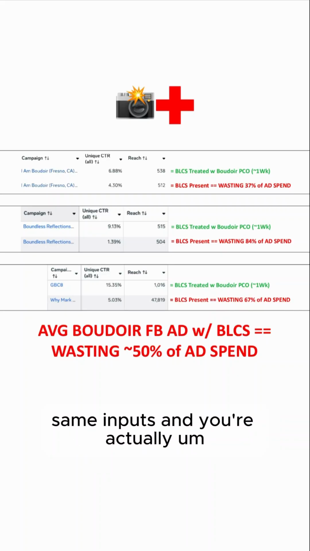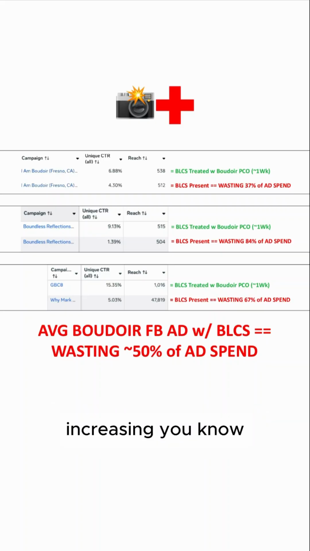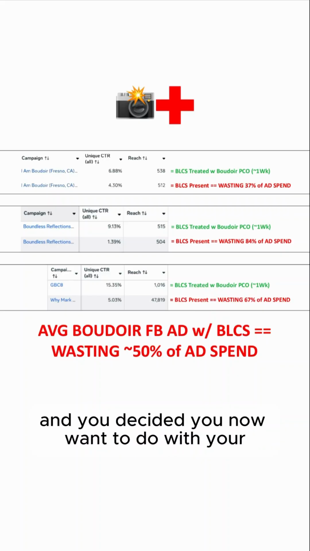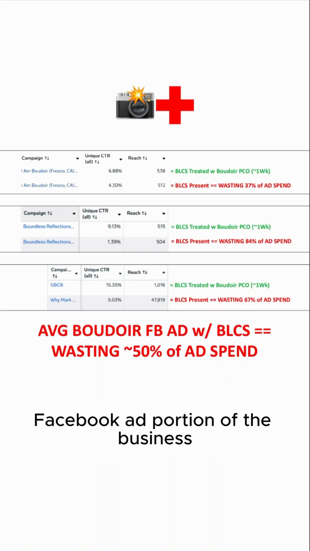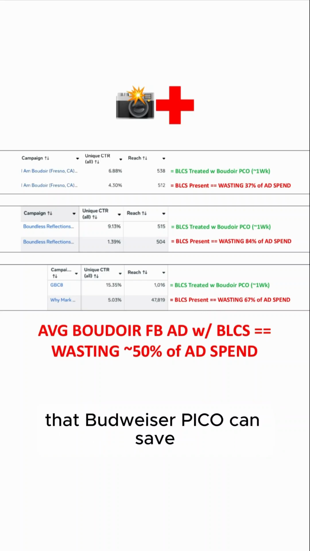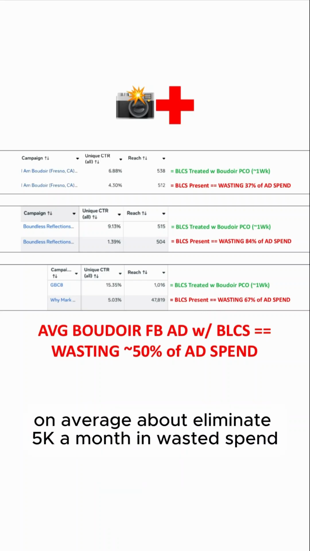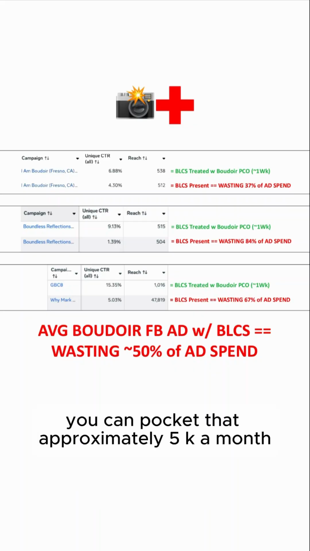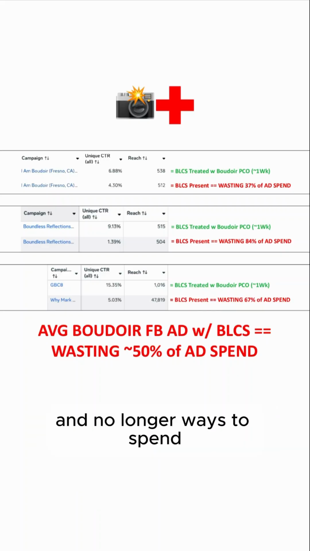And you've decided you now want to do it with your Facebook ad portion of the business because you've seen that Boudoir Pico can save, on average, about 5K a month in wasted spend. You can pocket that approximately 5K a month that's no longer wasted spend.